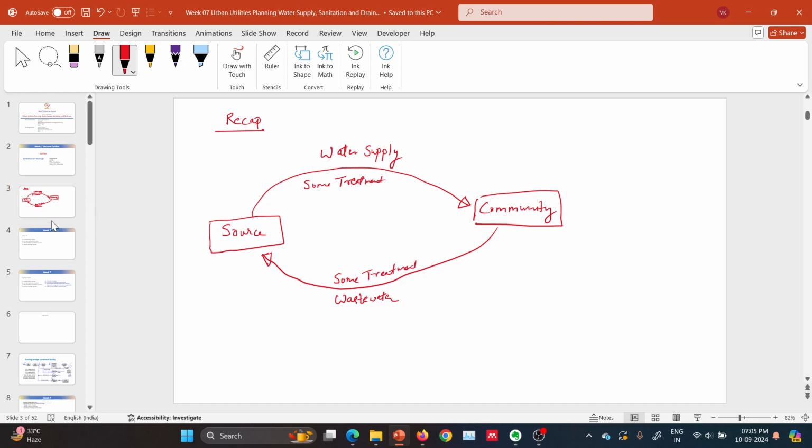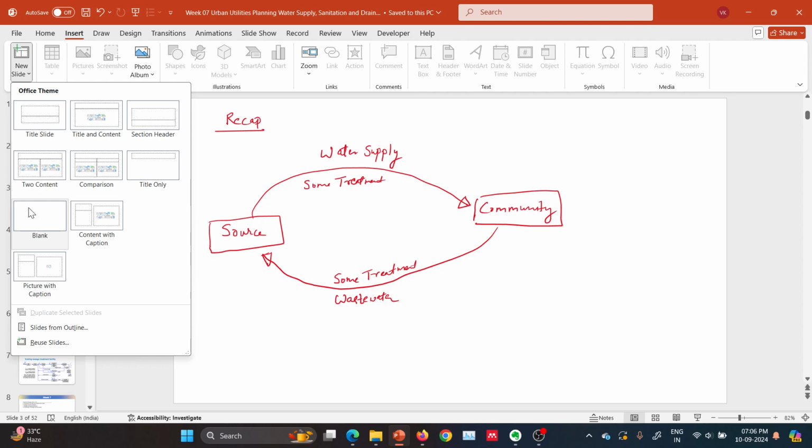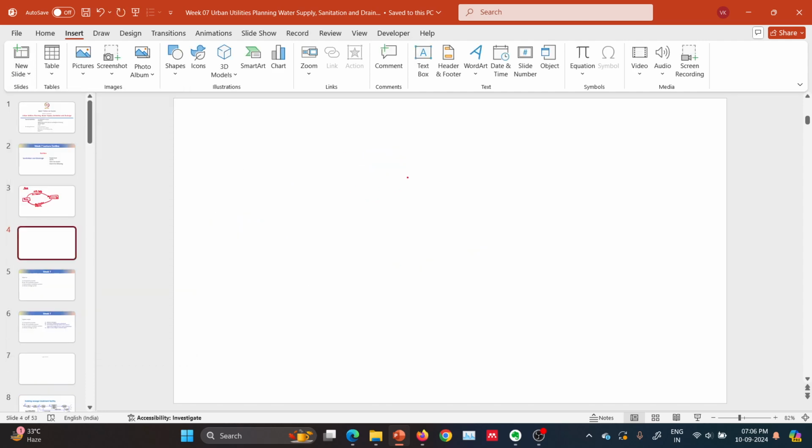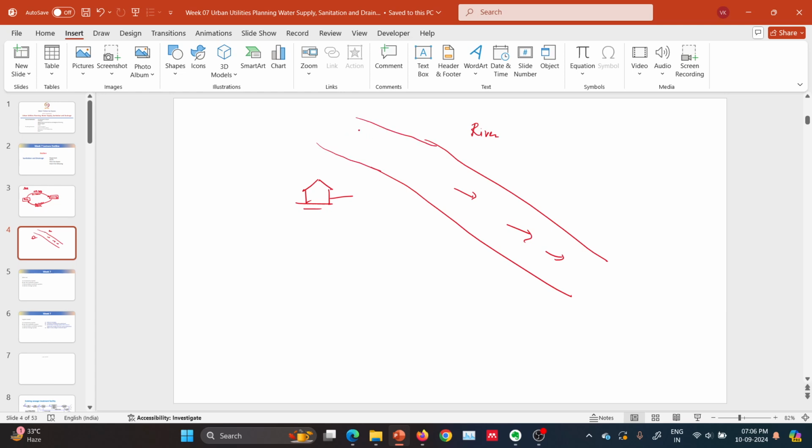We can understand it in terms of a river. So we already discussed this, I think. Here we have a river and a household. They will take the water first of all from intake structures and all.